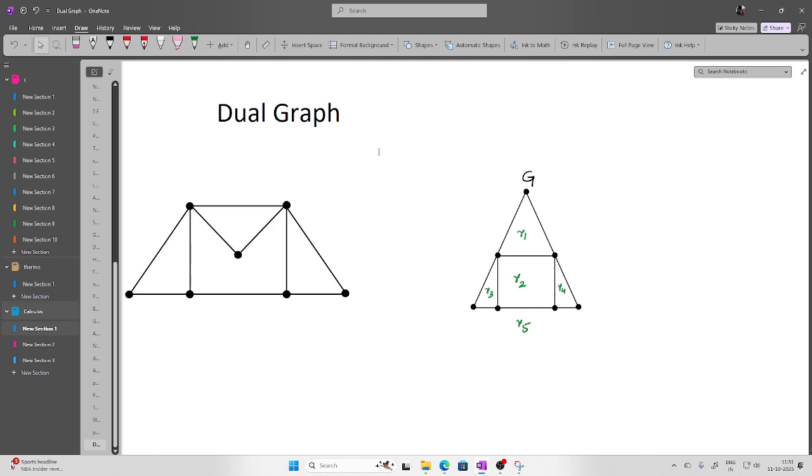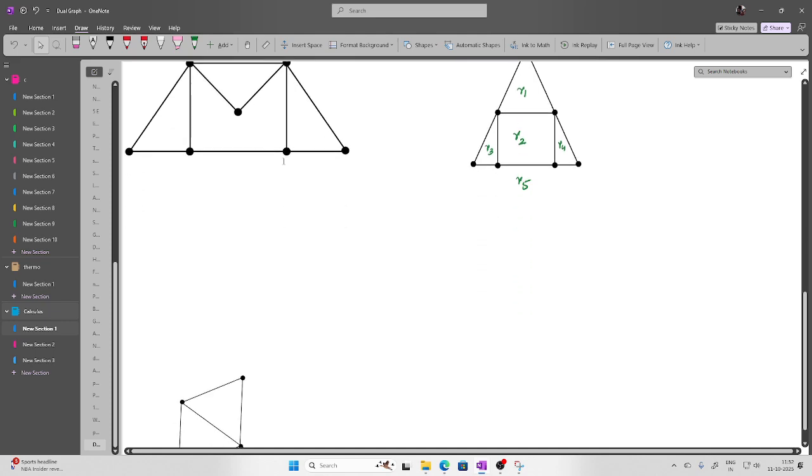If you don't have a plane graph, then you will not be able to draw any dual, because you will not be able to know the faces. Unless you know the faces, how can you draw the dual? So for the dual, the primary constraint is that the graph should be a plane graph.